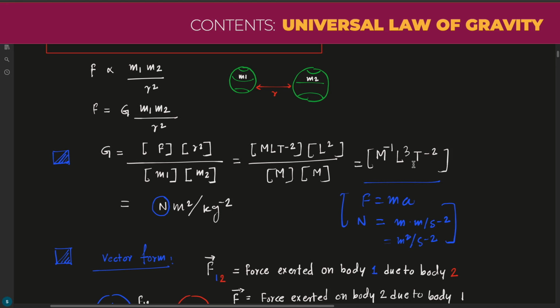So this is basically the dimension of the universal gravitational constant. But if I ask you what is the unit of the universal gravitational constant, you will say that there must be the mass inverse unit, there must be some length cube unit, and there must be some time inverse square unit.